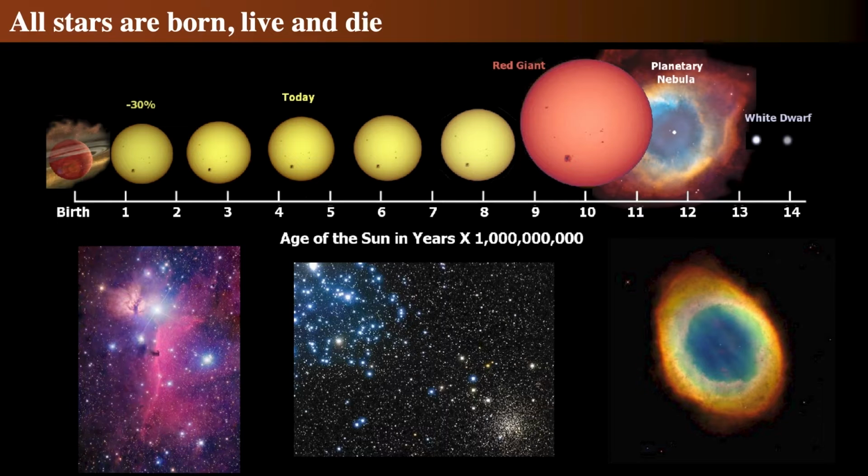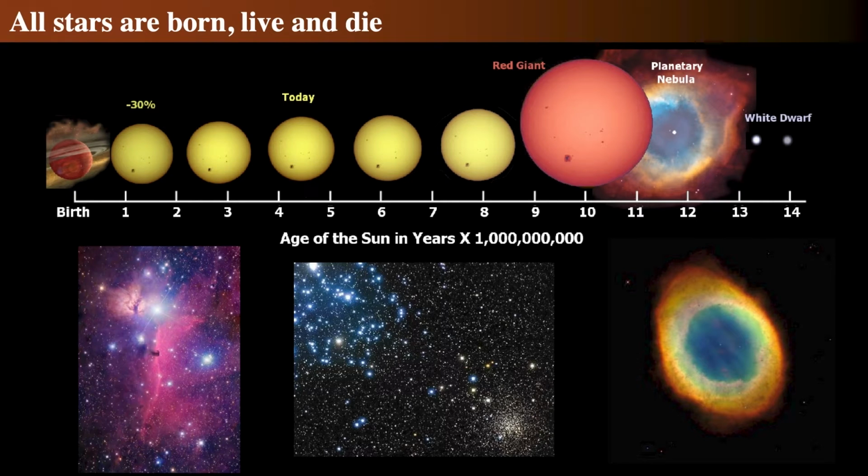The top area shows exactly how the sun evolves from a protostar. It has a long main sequence lifespan of about 10 or 11 billion years. It swells up into a red giant, puffs off its outer layers with a planetary nebula, revealing the core as a white dwarf. And we see these things from the left-hand side, which is a star-forming region with a Horsehead Nebula in the middle.